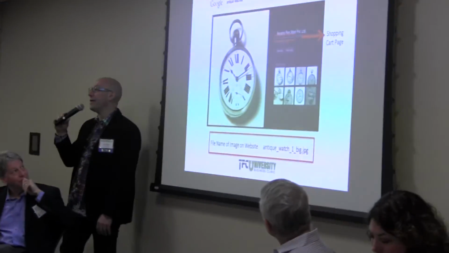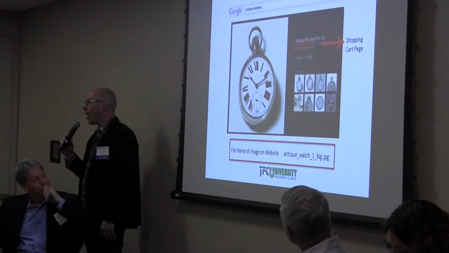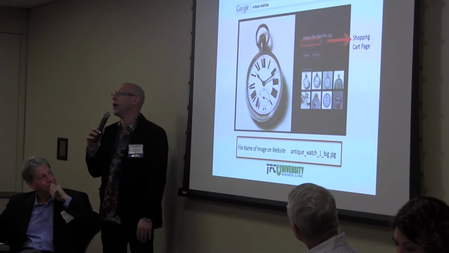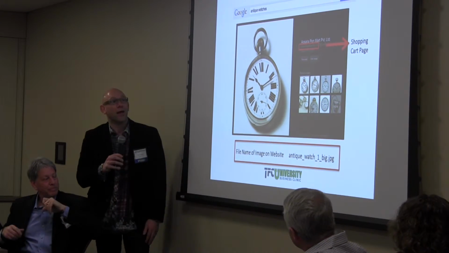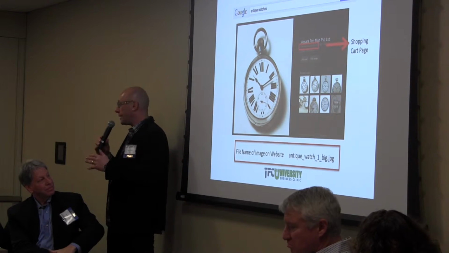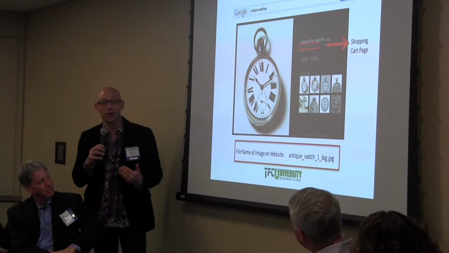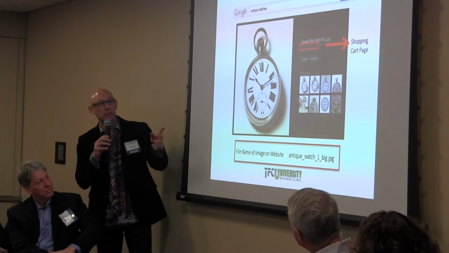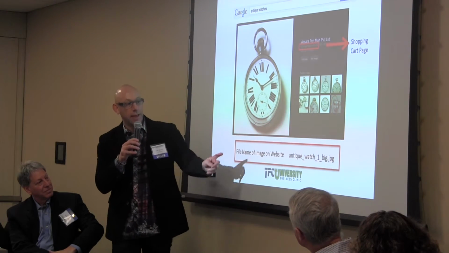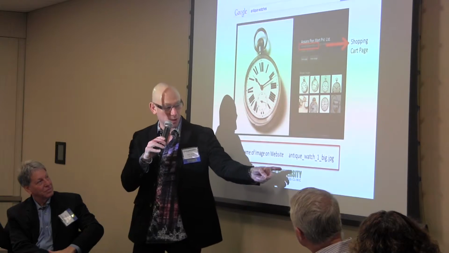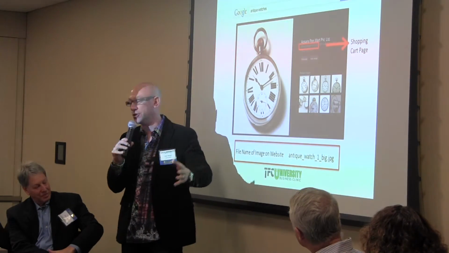When you guys are posting images on your website, I want you to name them properly. I'll give an example of a company that sells watches. On Google Images, I did a search for watches. I'm just making this up because I wanted to buy a watch. I'm pretending to be a consumer, and I said, wow, these are really cool antique watches. I'm an antique watch collector. This image came up because it was properly named antique_watch_one_big.jpg.